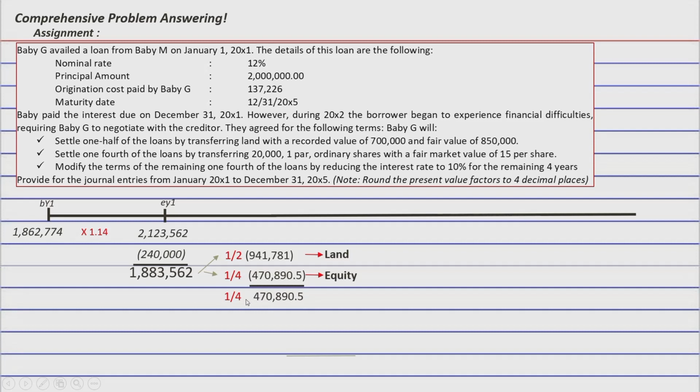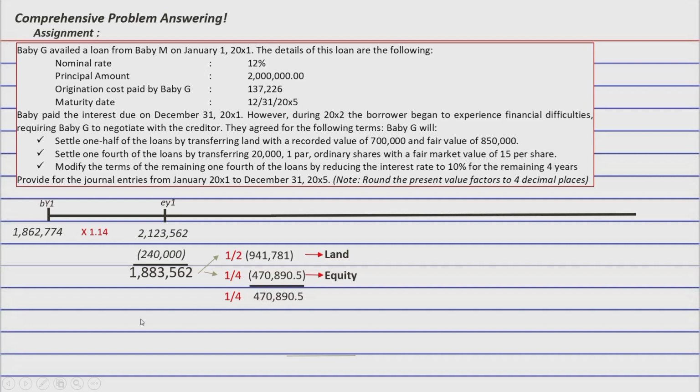According to the problem, Baby G asked for modification of terms, specifically a reduction of the interest rate from 12% to 10%. Because of that, there is still a chance that this liability balance will change if there is a substantial modification. If there is no substantial modification, this balance will continue.